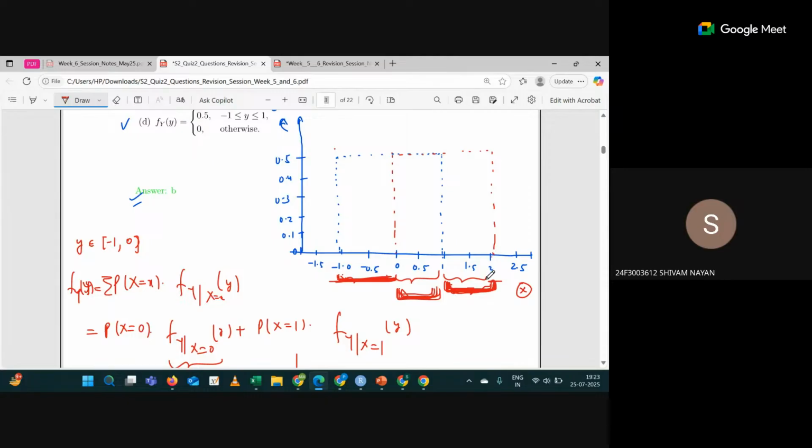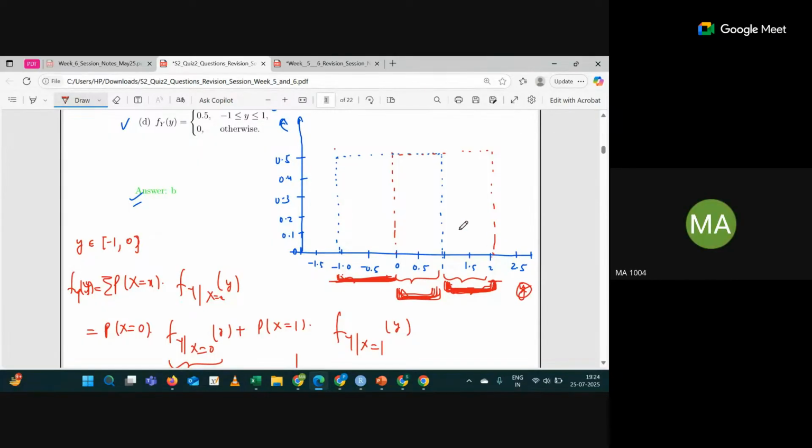Sir, values at the x-axis are values of y, no? Then why are you saying x is not taking value 0? Sir, you are saying y belongs to minus 1 to 0.